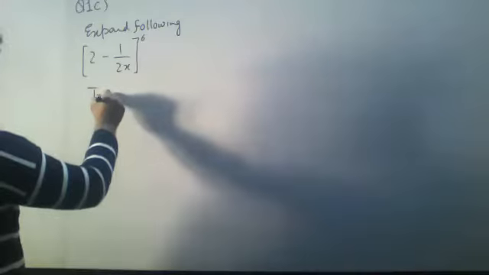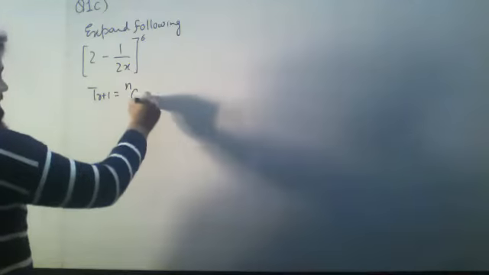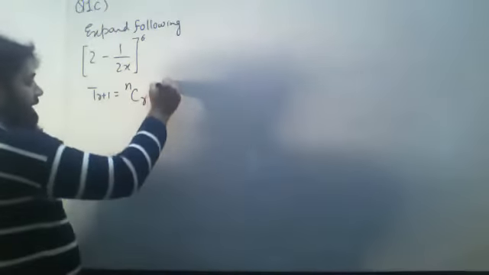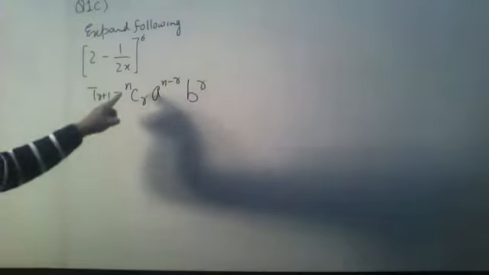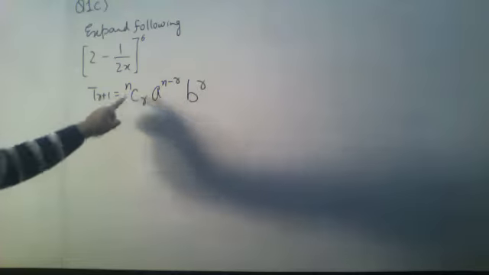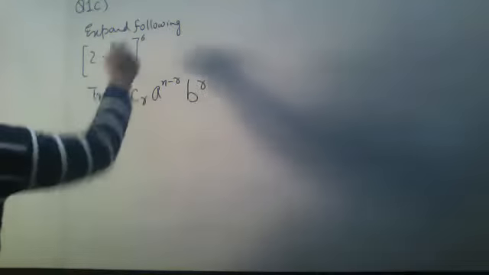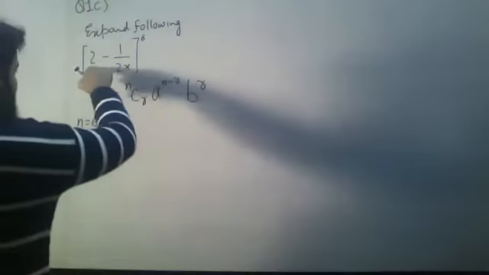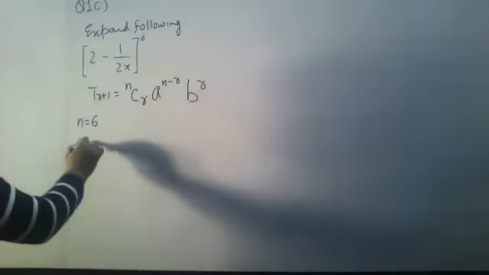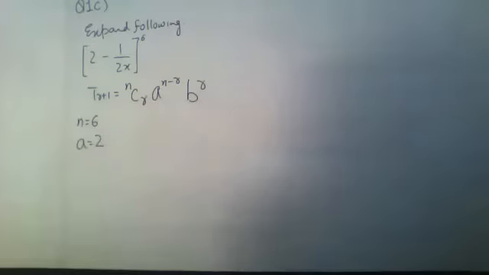The binomial theorem is T(r+1) equals nCr a^(n-r) b^r. In this one, what is n? n equals 6. What is a? a is your first term, which in this case is 2.